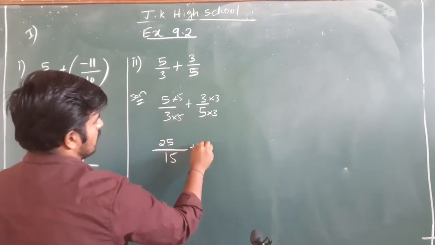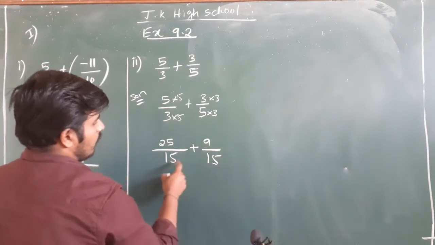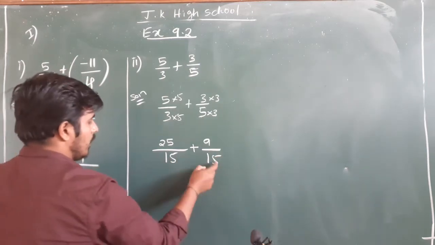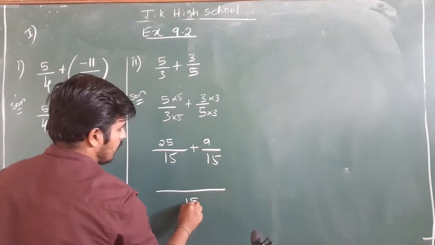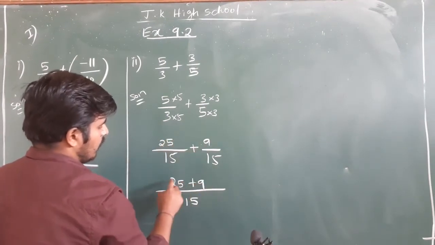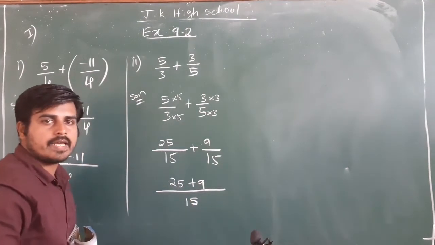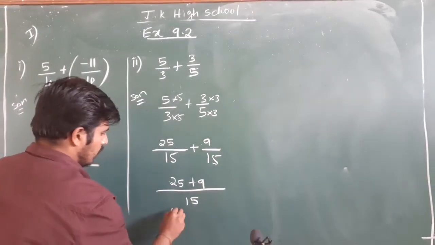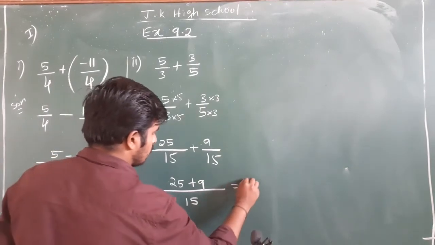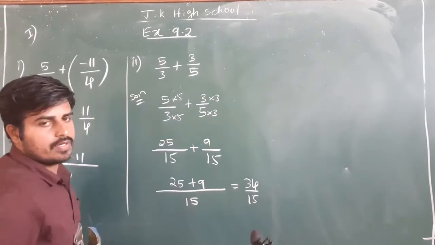This plus as it is. 3 3s are 9, 5 3s are 15. You got the same denominator now. Common denominator 15, 25 plus 9. This is positive, this is positive, therefore addition will take place. 25 plus 9 is 34. 34 by 15 is your answer.